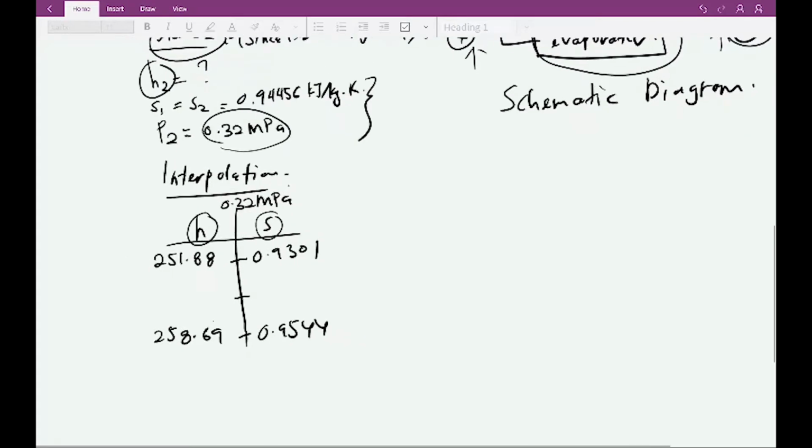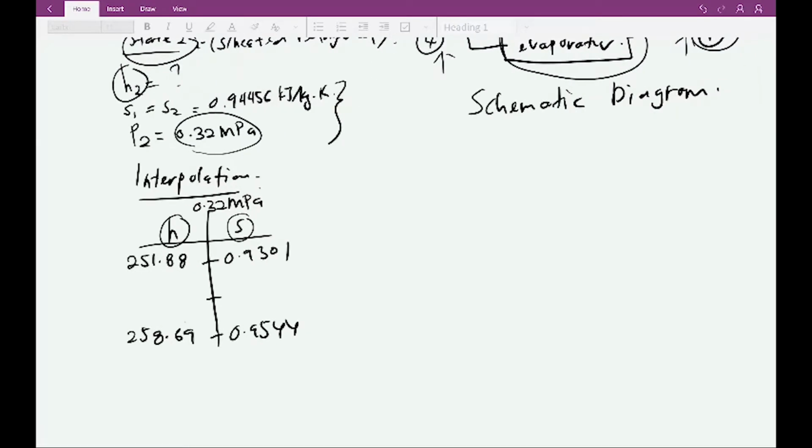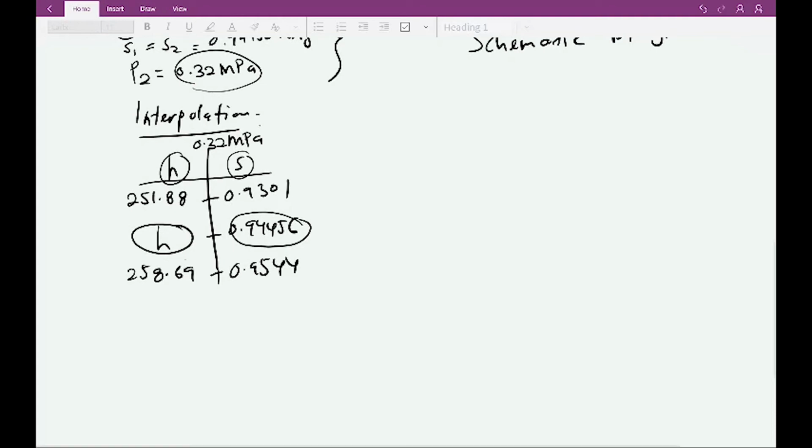Okay, so our entropy for state 2 is 0.94456. So with this interpolation method, the objective is to find its equivalent enthalpy for this entropy. Okay, so how is it done? It's very simple.